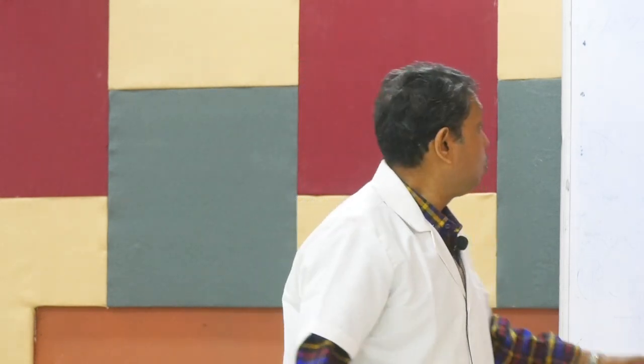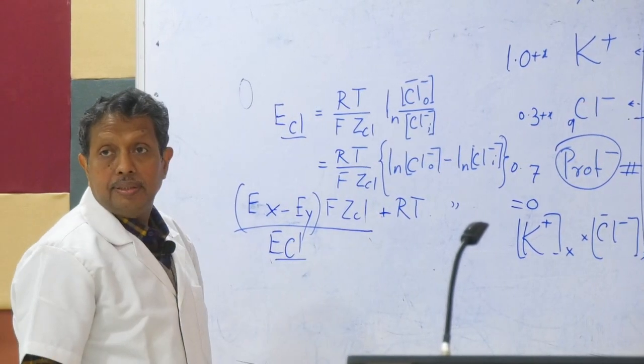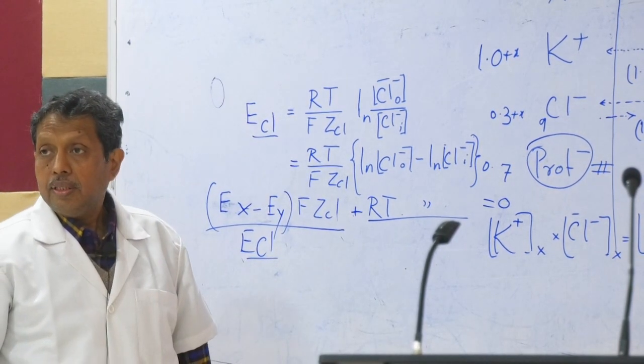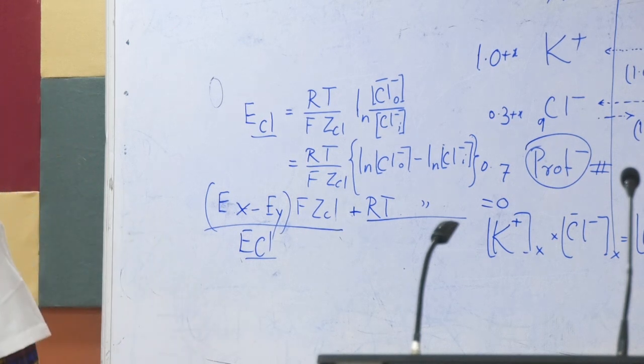So whenever you get this formula, you try to split it. You can utilize your superior brain power. Then you split and you will get two terms. This term is due to electrical activity, and this term is due to concentration difference activity. If they are combined and equal to 0, then you can calculate what should be the electrical potential difference, and it is the equilibrium potential.